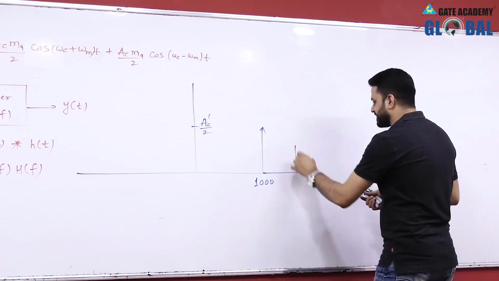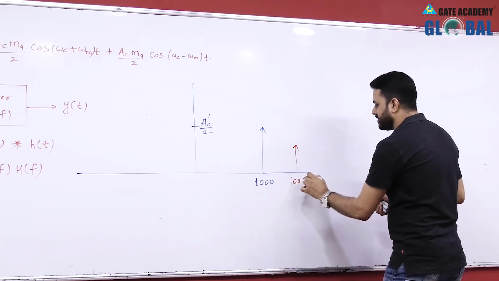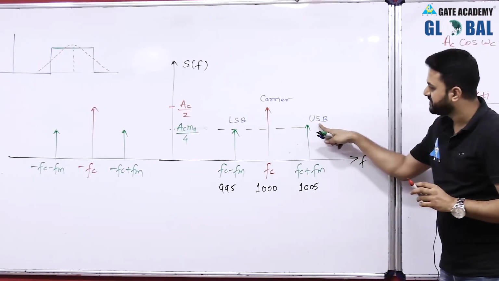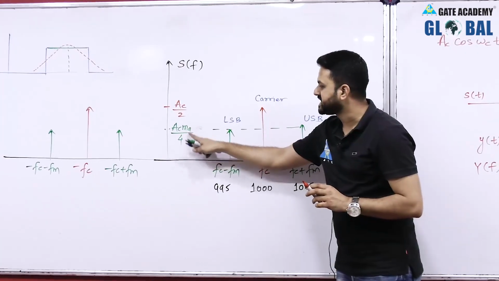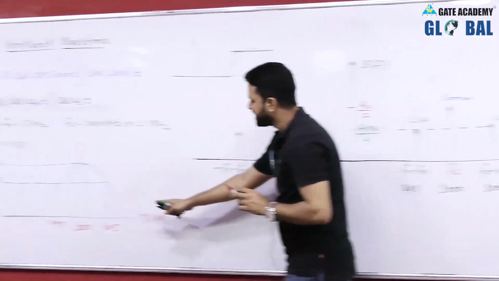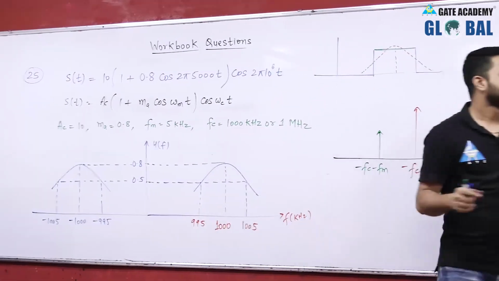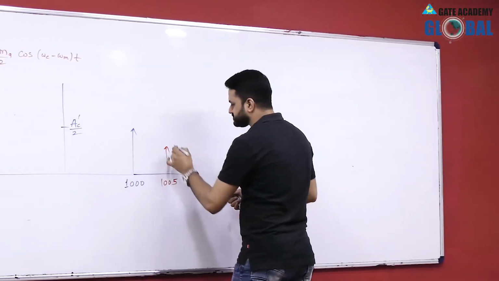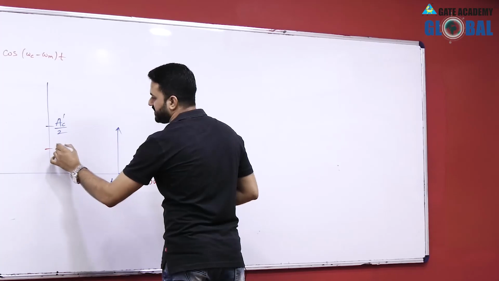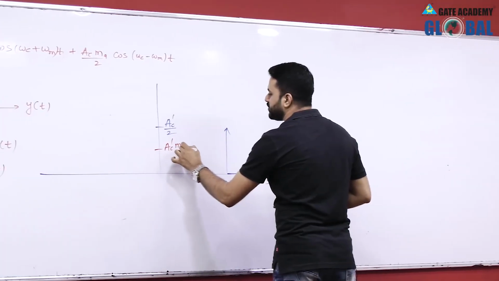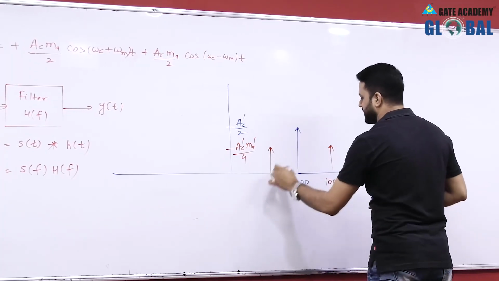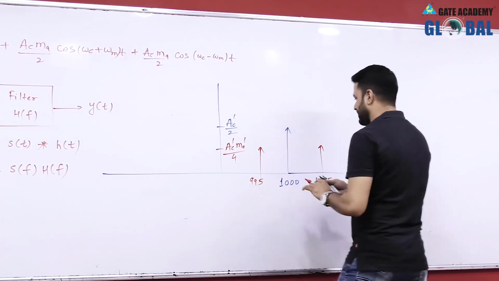Now at 1005 it has a component with amplitude AC Ma by 4, and the filter value there is 0.5, so it is multiplied with 0.5 and we get the new modulation index, AC dash Ma dash divided by 4, and the same at 995.